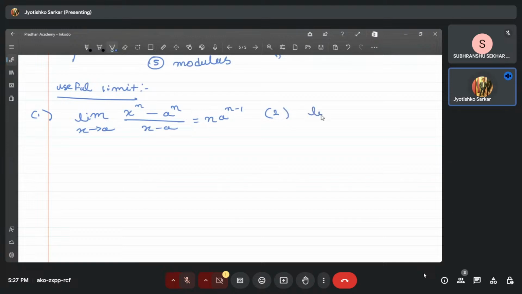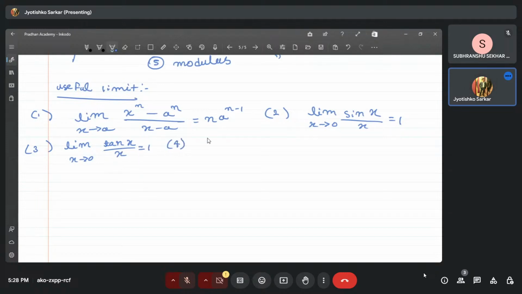Limit x tends to 0, sine x by x equals to 1. Limit x tends to 0, tan x by x equals to 1.